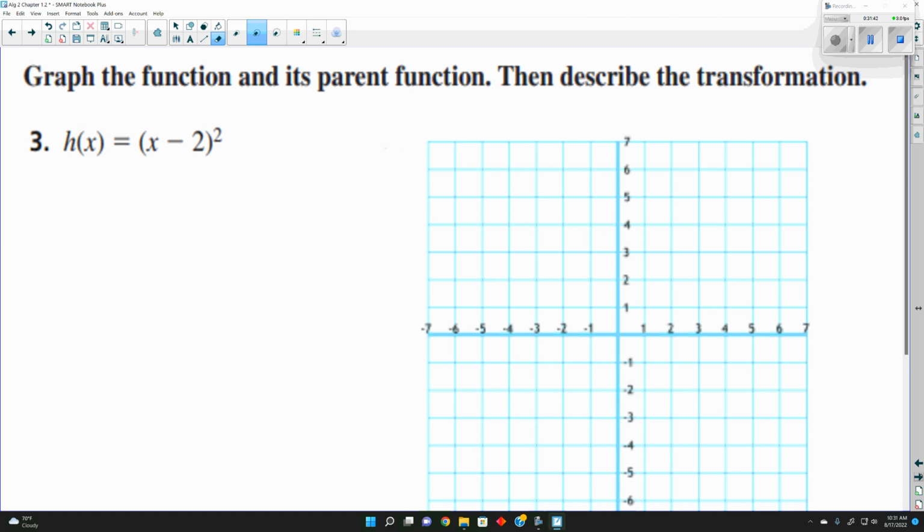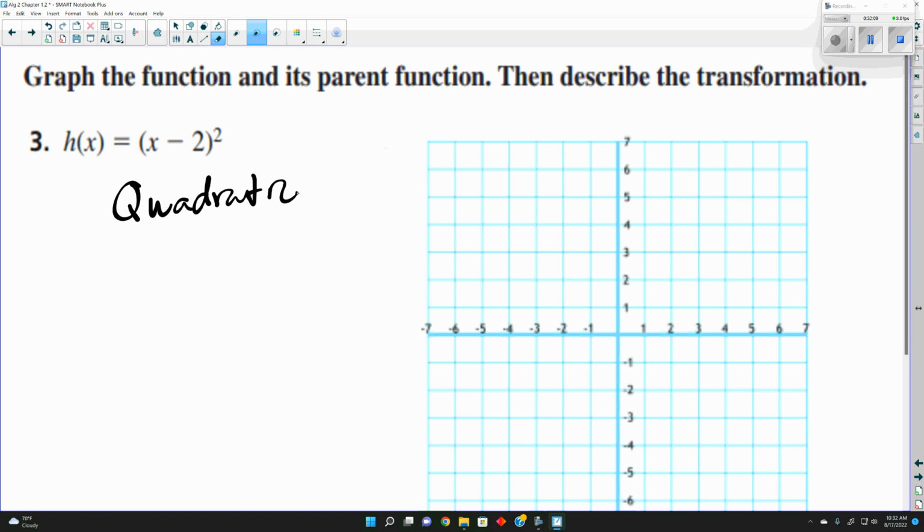How about this one here? Quadratic. Now, what's its transformation? So is there a negative attached to the x or outside the parentheses?